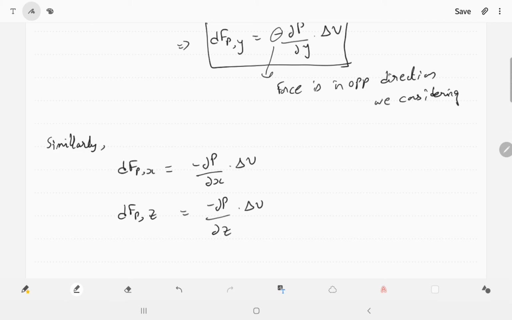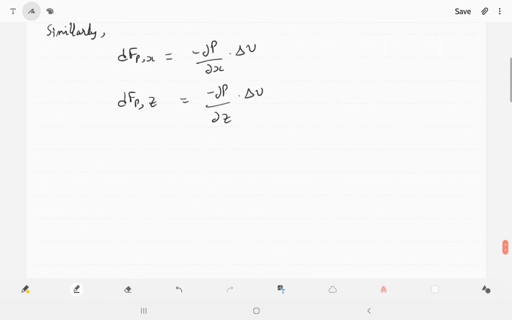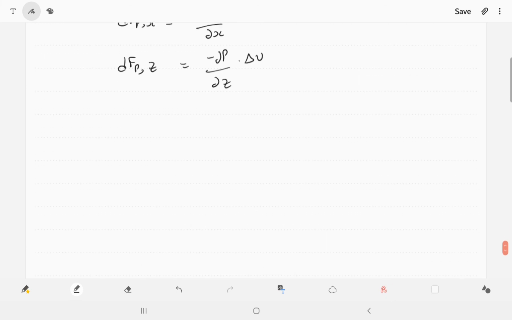Okay, now as force is a vector quantity, we all know that. So how can we write these component forces in vector form? dou of F bar p equals dou of F px along the i direction plus dou of F py j cap in the y direction plus dou of F pz k cap along the z direction.